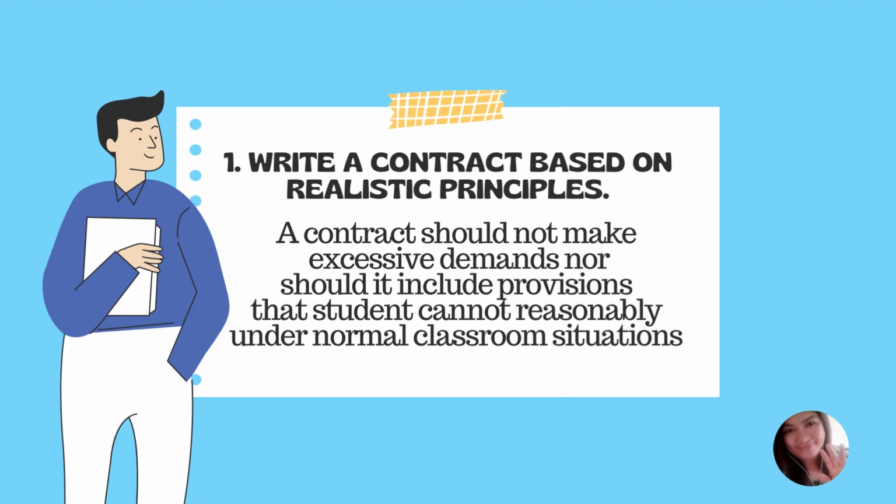The contract should not make excessive demands, nor should it include provisions that the student cannot reasonably be expected to comply with in normal class situations. The student should be aware that the teacher will be judging both the quantity and the quality of responses specified in the contract. The student should be given a reference copy of the contract.